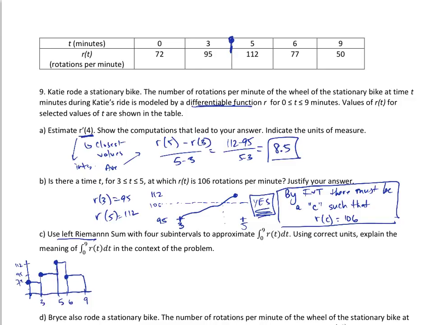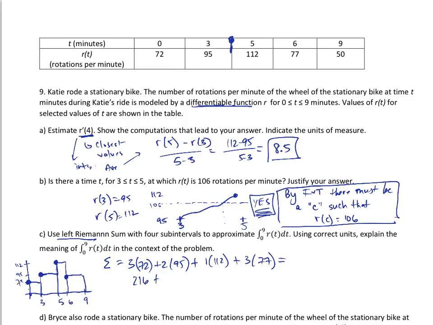All right, so that means we need the sum of all these rectangles. For the first rectangle, it will be 3 times 72. That's a height of 72. The second one will be 2 times 95. The third one will be 1 times 112. And the last one will be a width of 3 and has a height of 77. I'm going to spare you the formalities. Here, we'll write it out.